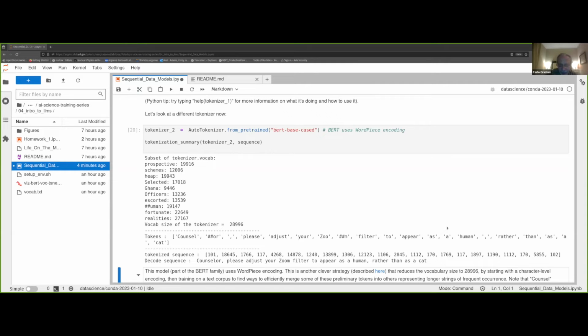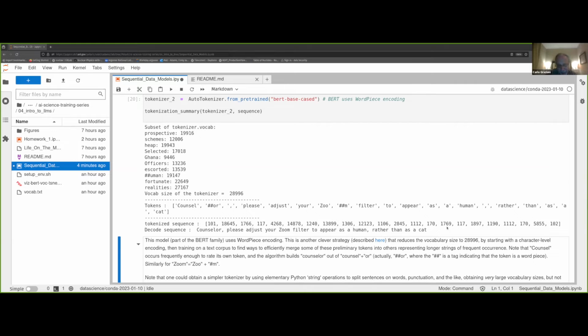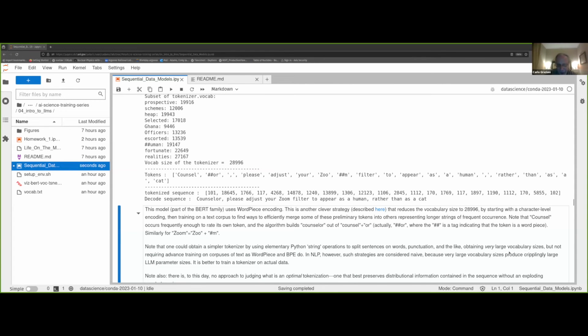Okay, so this is just another clever strategy, a different algorithm, but you do the same sort of thing. You take a large corpus of data, and instead of choosing your tokenization a priori, you let the data teach you what an efficient tokenization is. Okay. And those double hashes basically just connote word fragments.